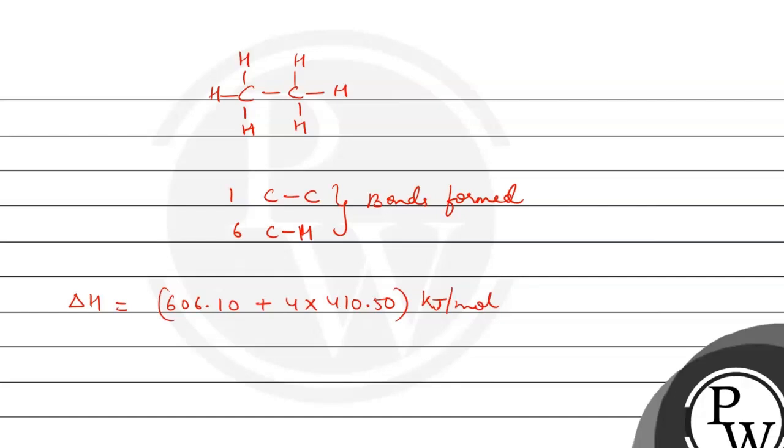So 606.10 is for carbon double bond carbon and 410.50 is for carbon single bond hydrogen. So this minus, and on the product side we have carbon single bond carbon, which is 336.49, plus 6 into, for carbon single bond hydrogen it is 410.50 kilojoule per mole.